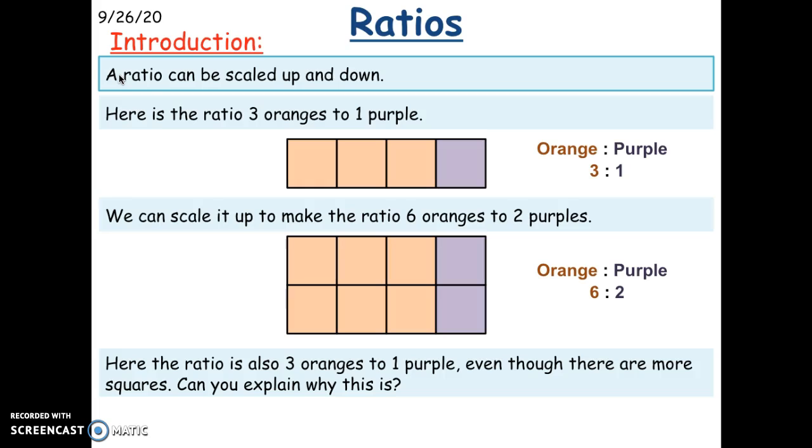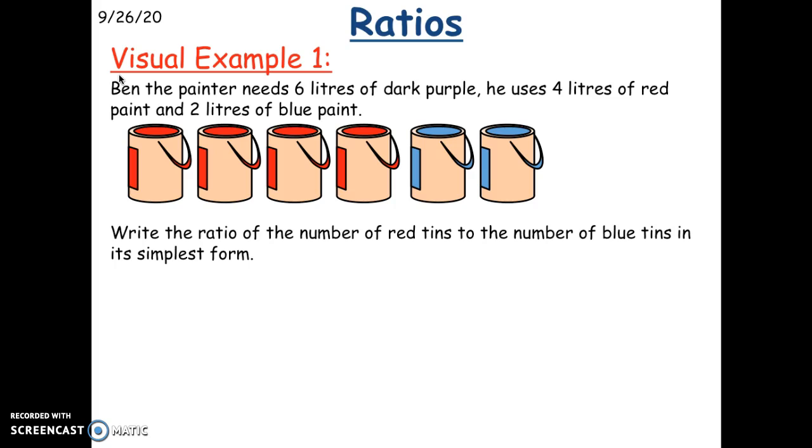All right. Another example. How many blue do we see? How many red do we see? How many tins are red? How many tins are blue? Red to blue. So we count. We get 4 to 2. But is that in its simplest form?